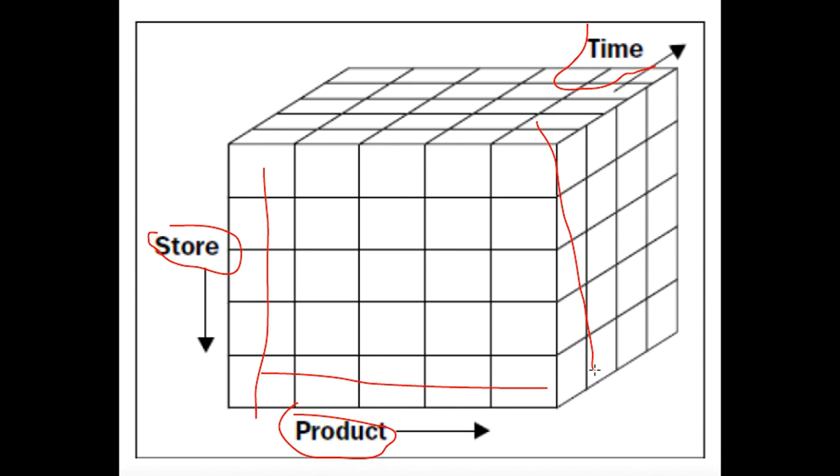So in this part, we are going to discuss these cubes and how to create a cube by mapping different dimensions. Remember one thing: when we talk about mapping, we basically map a source table to a destination or target table.